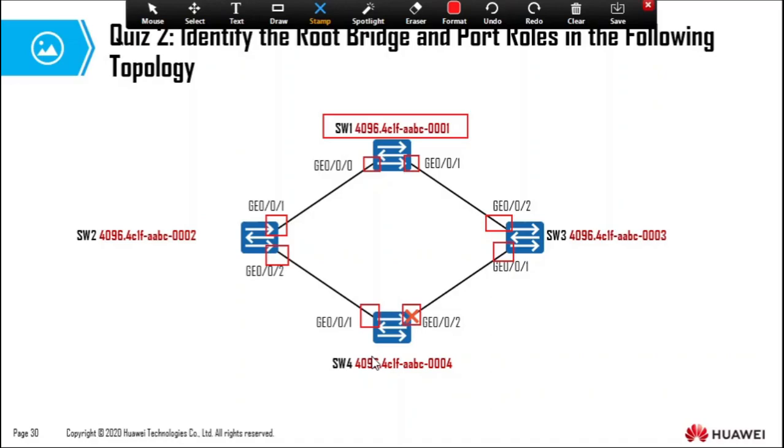I'm not saying all. We've just begun with comparing the RPC. So you see the RPC, they're the same, right? So what's the next thing we compare? The bridge protocol identifier. So which one has a better bridge protocol identifier? And which BID are we comparing?